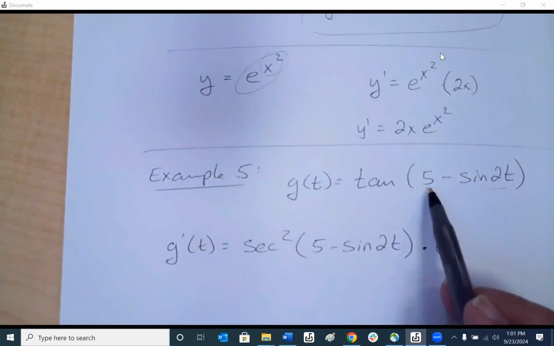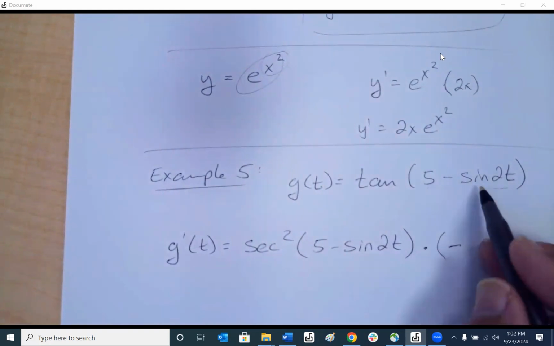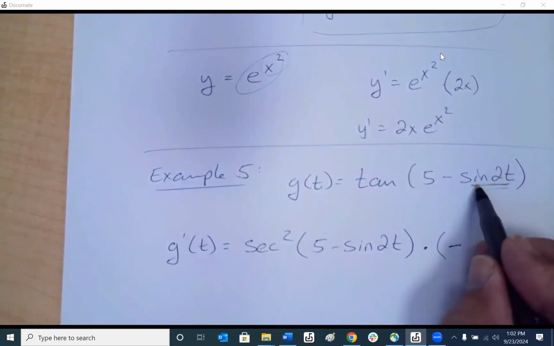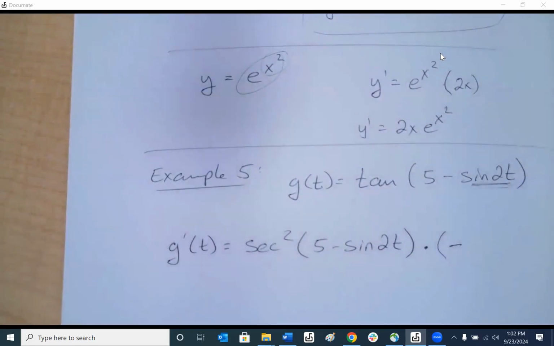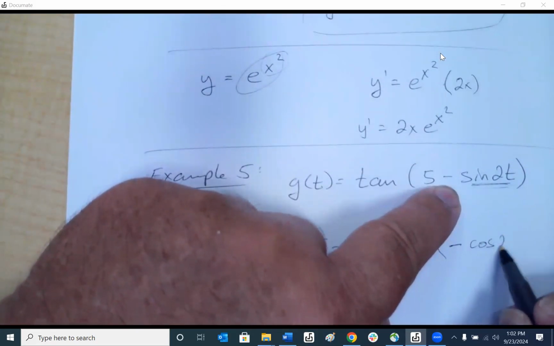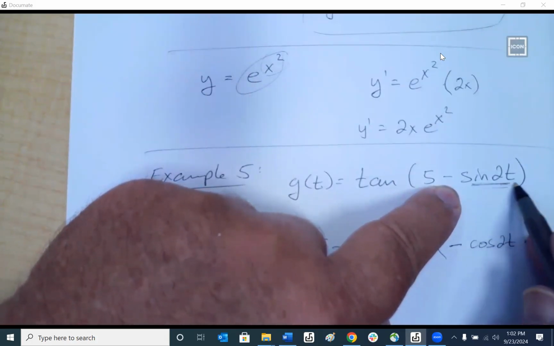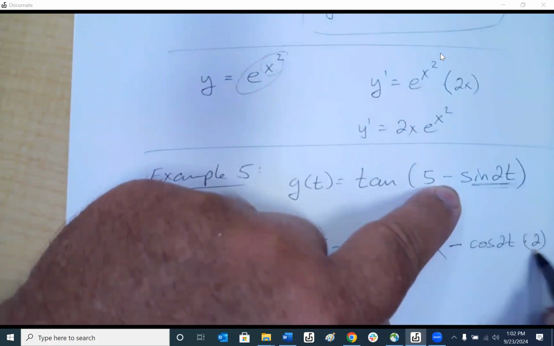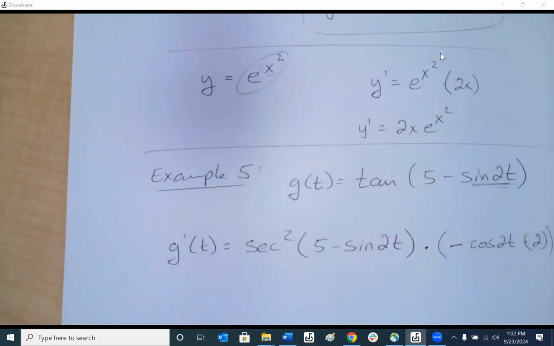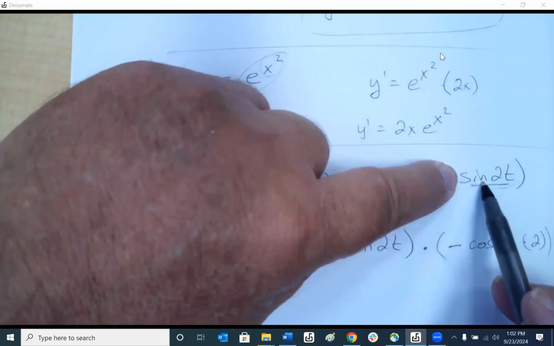The derivative of 5 is 0. We have minus. Here we have another nested one. So the derivative of sine is cosine 2t times, what's the derivative of 2t? Because it's not negative, it's the negative of sine.